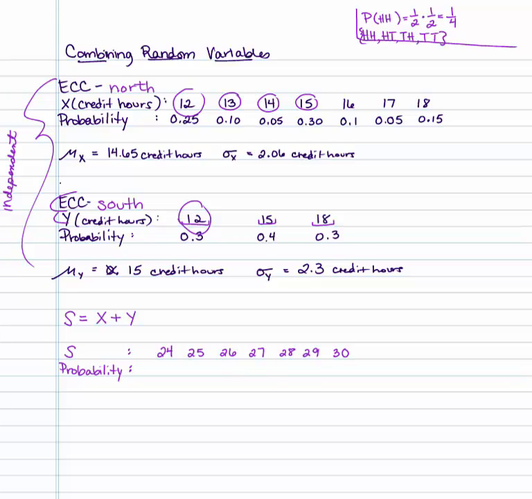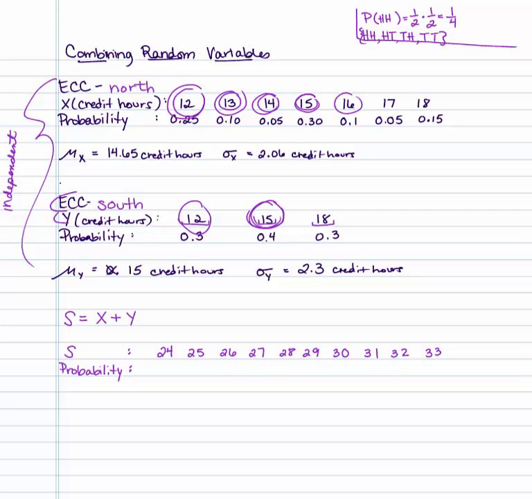Then I want to do 12 plus 15. I actually already have 27. 13 plus 15, 14 plus 15, I have all those. 15 plus 15. I don't have 16 plus 15. 17 plus 15, 18 plus 15.